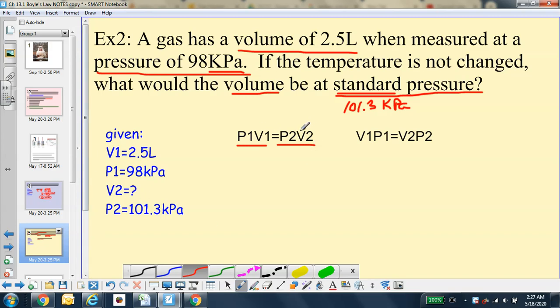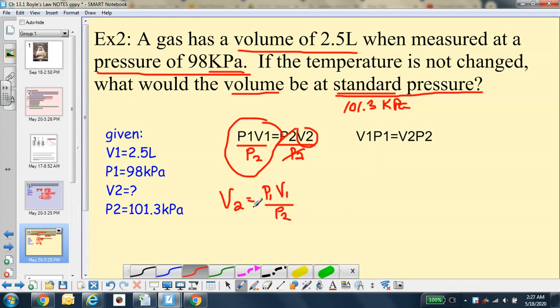We want to get V2 by itself, so we need to divide both sides by P2. So we're left with V2 equals pressure 1 times volume 1 over pressure 2.